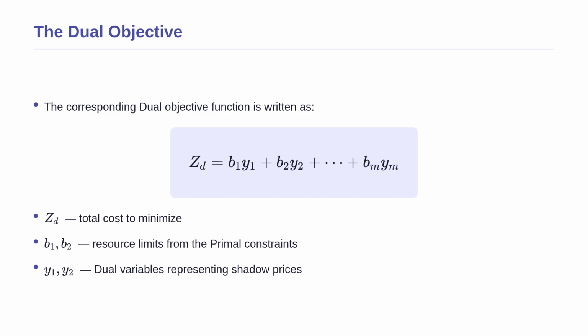The new variables y1 and y2 are the dual variables. These represent the hidden value or shadow price of each resource. As we use more resources, the total cost we are trying to minimize is affected. The constraints for this dual problem will ensure that the assigned value of resources is at least equal to the profit they bring in.